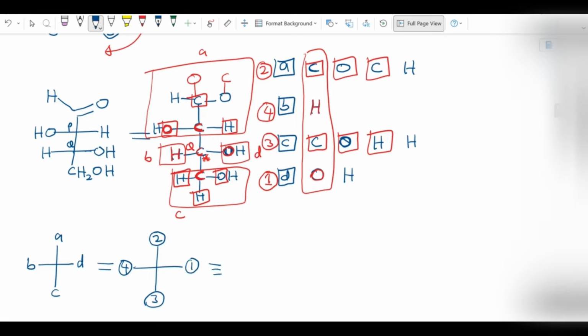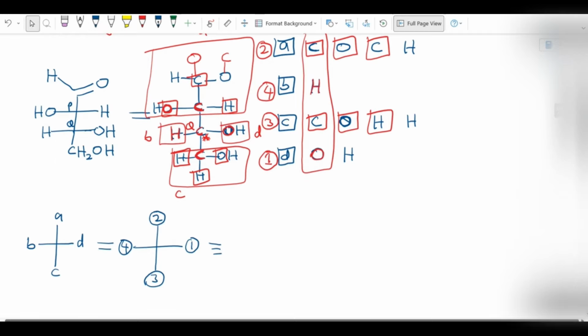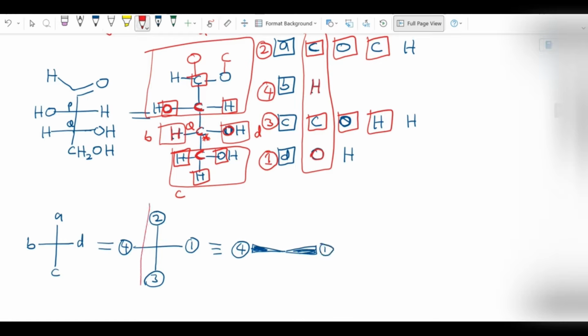Let's redraw this as a proper Fischer projection. In Fischer projection, the horizontal bonds are wedge bonds, so I'll redraw those as wedge bonds. And the vertical bonds are dash bonds, so I'll redraw those as dash bonds.